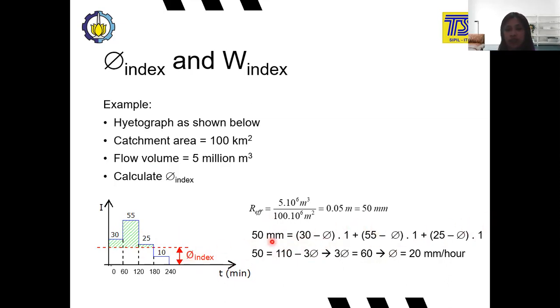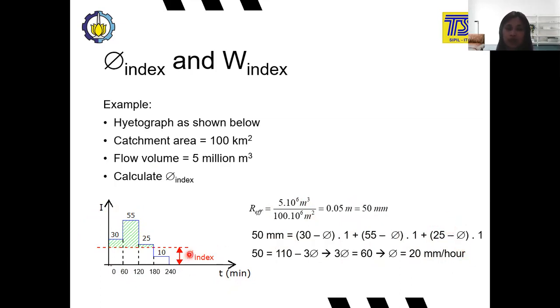So 50 millimeters equals 30 minus the index times the time duration of 1 hour, plus 55 minus the index, because this shaded area is equal to the effective rainfall, so we can use this equation instead. And then plus 25 minus the index times the time duration. After that, we get the index equal to 20 millimeters per hour.